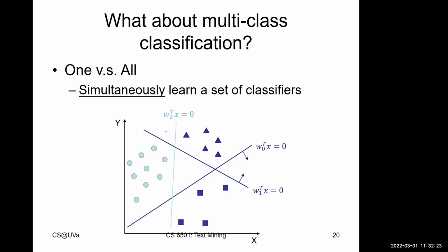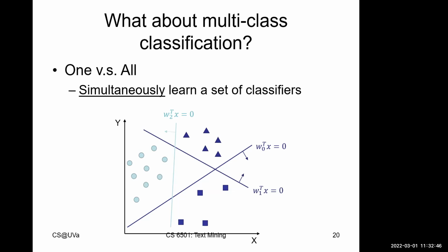So one way in which we use SVMs is called one versus all. We're going to call teams. We're going to simultaneously learn how to separate the circles from the triangles and the circles from the squares.